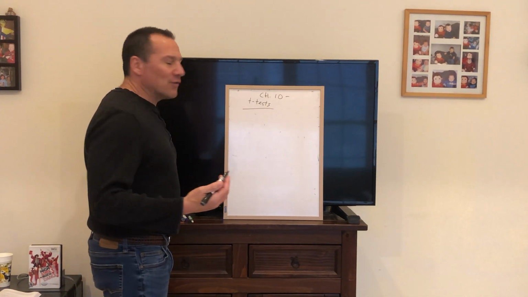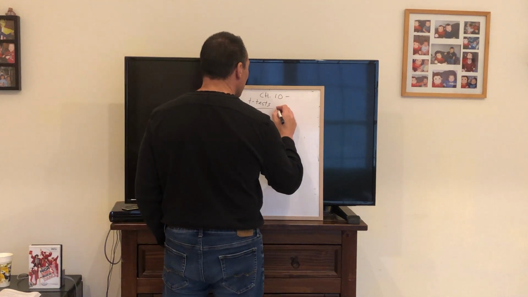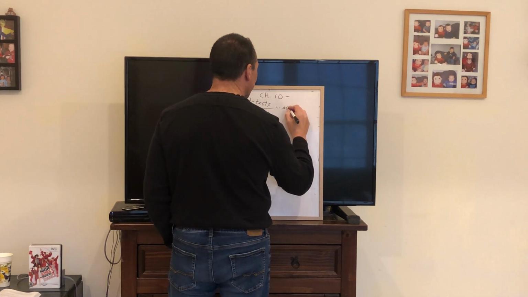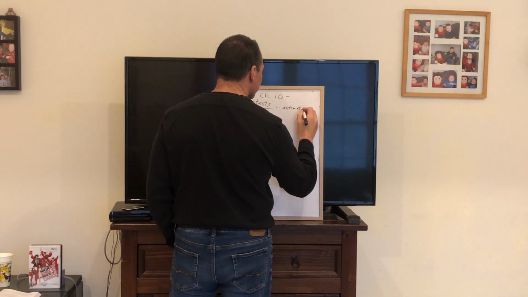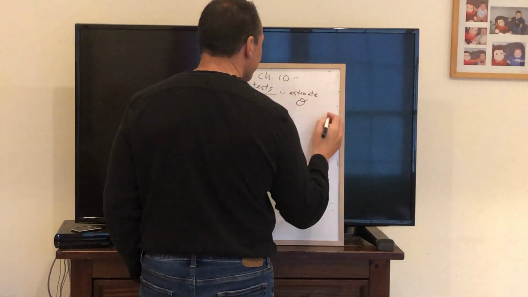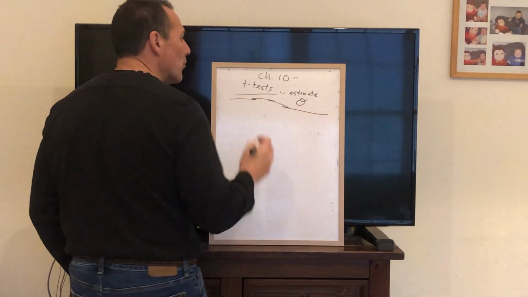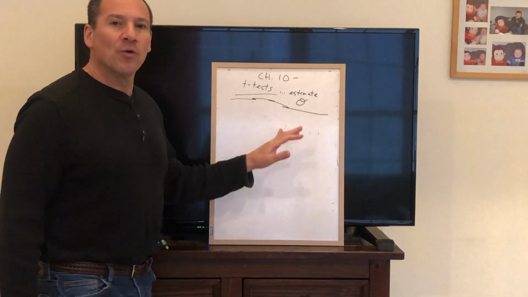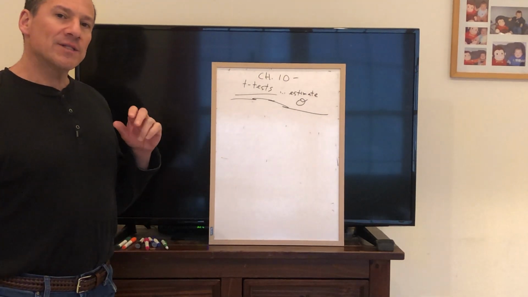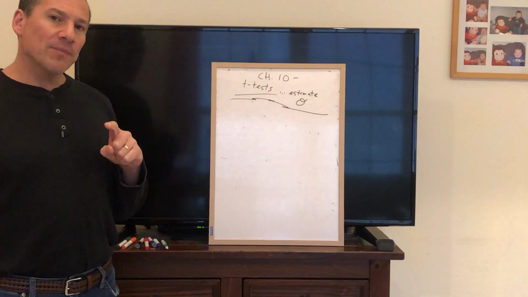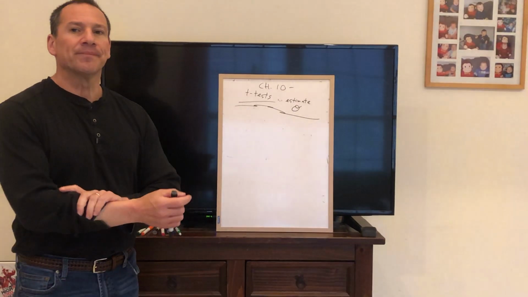So here's the deal. A defining feature of a t-test is one where you estimate sigma. Seems like a weird way to start, but we're going to start right there. We're estimating sigma. Remember that sigma is your population level standard deviation.